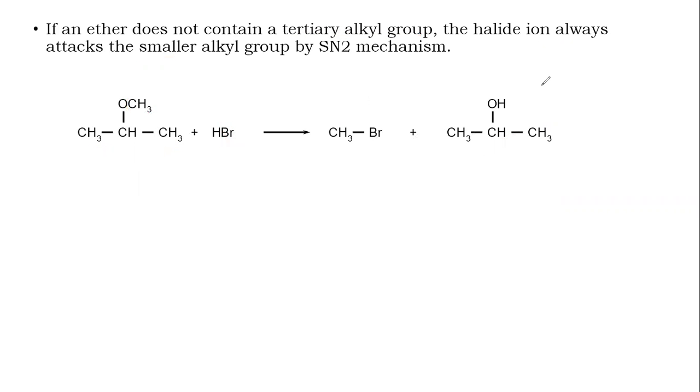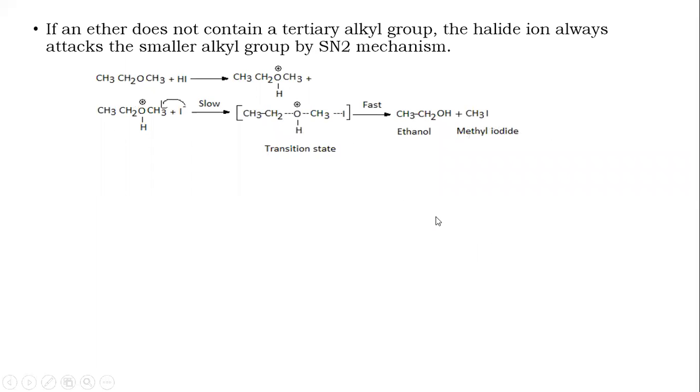This reaction will be explained by the mechanism of the reaction. When the ether does not contain a tertiary group, the oxygen of the ether contains lone pairs of electrons.